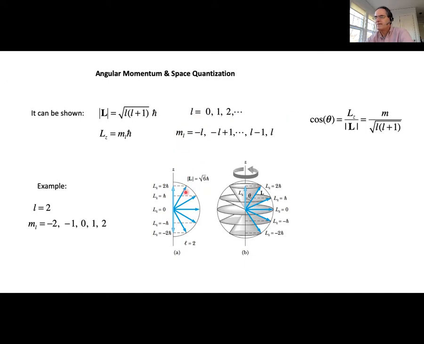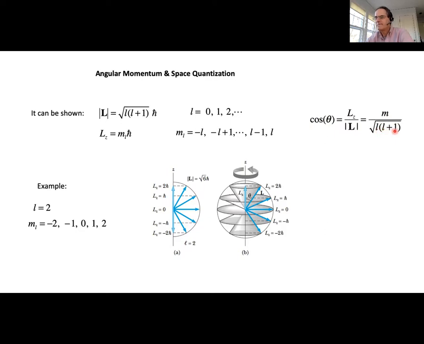Secondly, we can see something interesting. Not only the magnitude, but the orientation of this angular momentum vector is itself quantized. The polar angle that describes the orientation of the angular momentum vector is theta. And of course, we can see immediately that cosine theta is equal to L_z divided by the magnitude of L. And so that's given by this term, m divided by the square root of L times L plus 1.